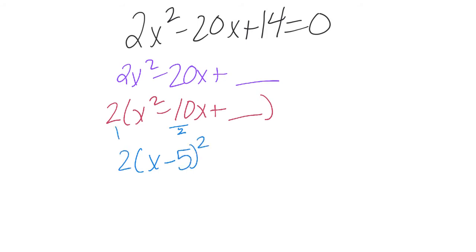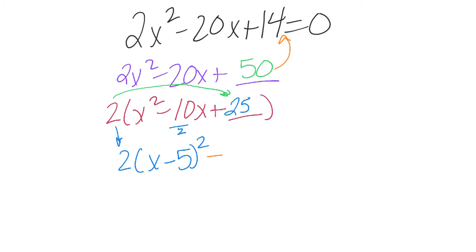Don't forget to bring your 2 down here. So what is negative 5 squared? Well, negative 5 squared is positive 25. But remember, you have to take this 2 and distribute it here to be able to get this to be 50. Well, how do I go from 50 to 14?